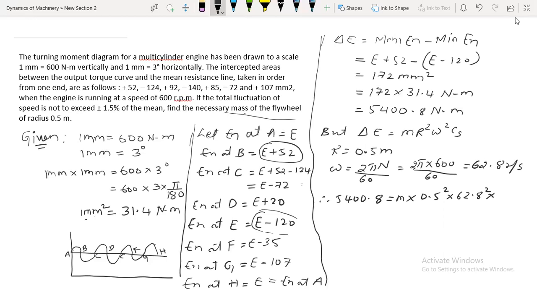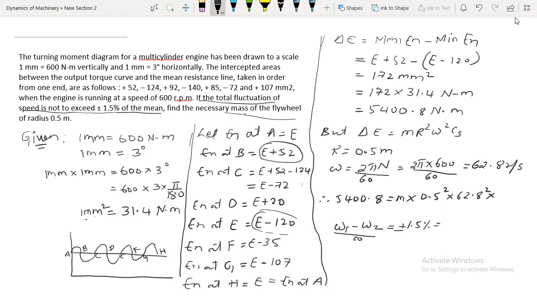So how to find out the Cs value? Here you can see he has given that the total fluctuation of the speed is not to exceed plus or minus 1.5% of the mean speed. Total fluctuation means omega 1 minus omega 2 by omega will be equal to plus or minus 1.5%.